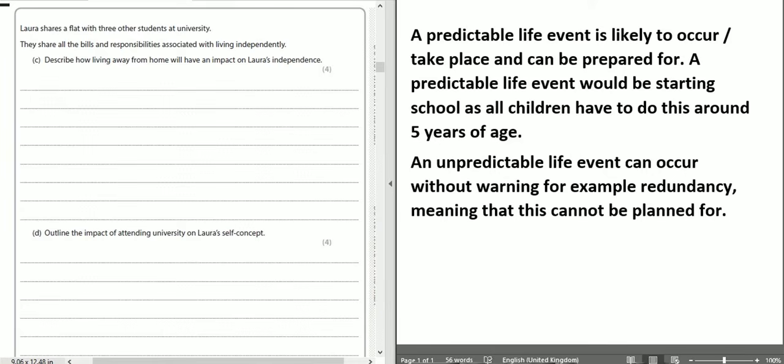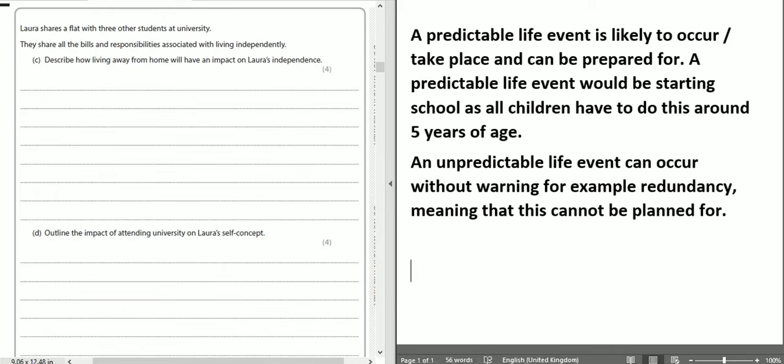And it says, describe how living away from home will have an impact on Laura's independence. Now, obviously, the question here is about independence and the effect of independence on Laura. The second question, about self-concept, I'm going to talk about in a second because it builds on from this. But self-concept is a common theme and has come up a number of times.